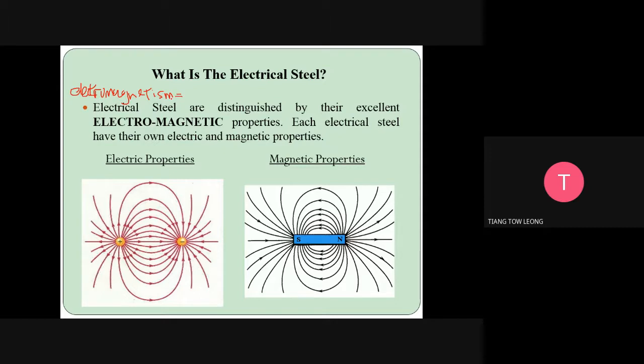This is the keyword in this subject, the main keyword. It is also the main keyword in ET208, electrical power technology. So tell me, what is electromagnetism? You can simply say it to me, come.